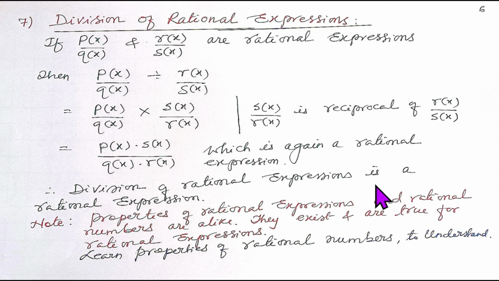Therefore, division of two rational expressions is again a rational expression. So again, remember, the properties of rational expressions and rational numbers are alike, and therefore they are true for rational expressions also. So please learn all the properties of rational numbers in detail so that they can be easily applied to rational expressions.